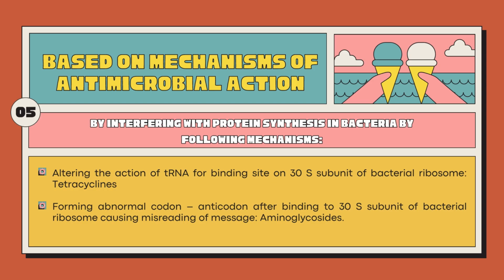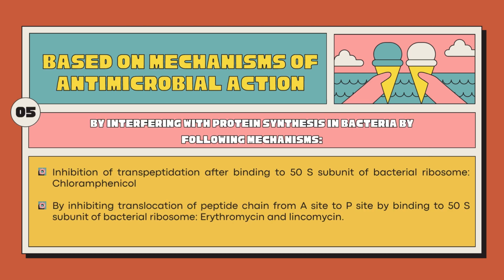Also, by forming an abnormal codon after binding to the 30S subunit of the bacterial ribosome, causing misreading of the message, which includes aminoglycosides. In addition, by inhibiting transpeptidation after binding to the 50S subunit of the bacterial ribosome.